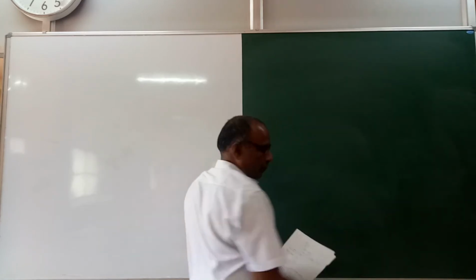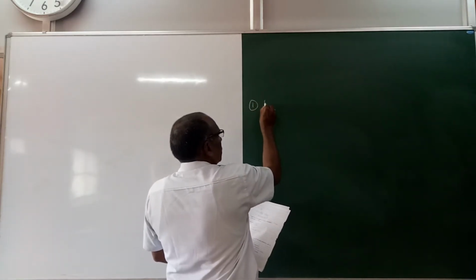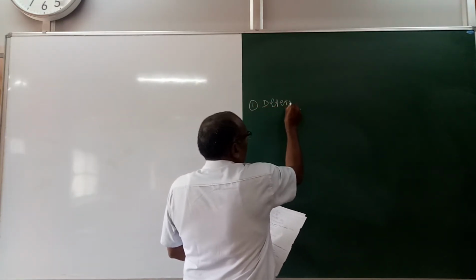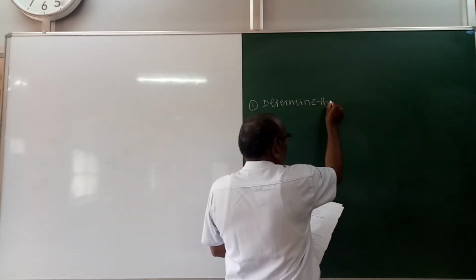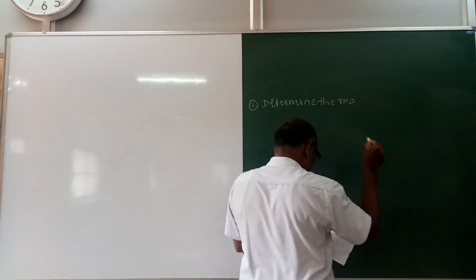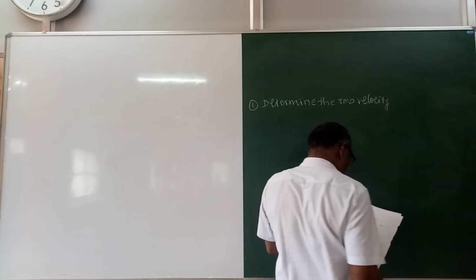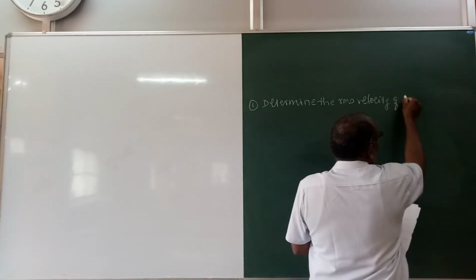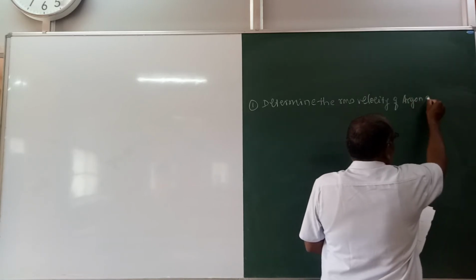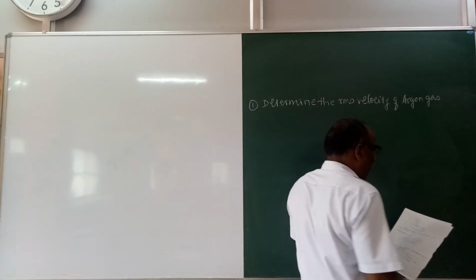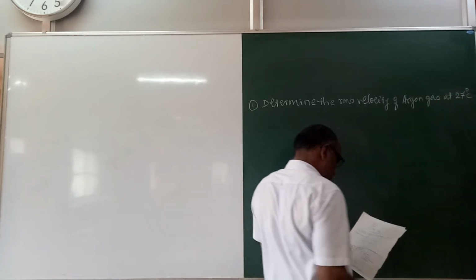I'll write it here on the board. Problem number 1. Determine the RMS velocity of argon gas at 27 degrees centigrade temperature is given.